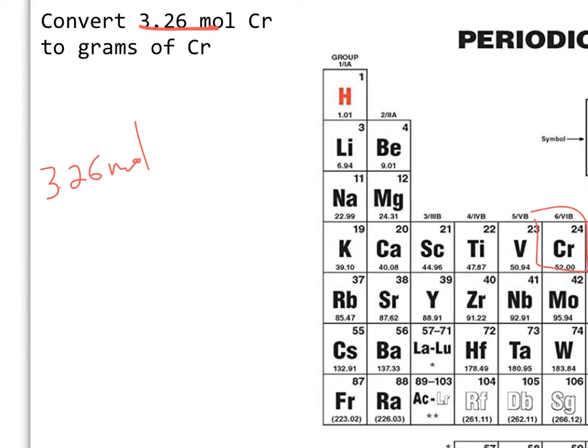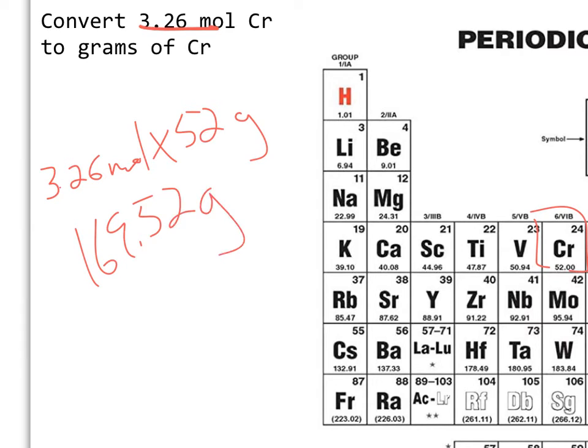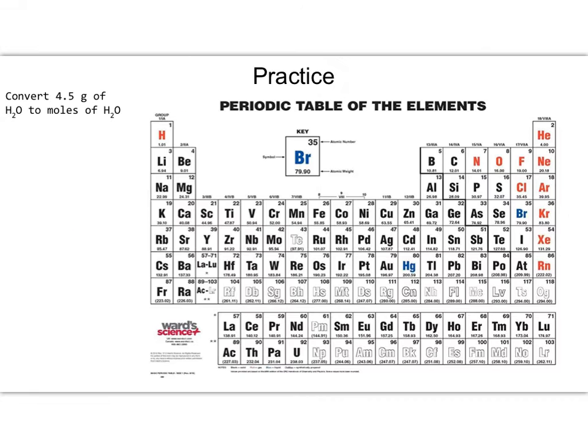Chromium is right here on the edge of our screen. It's got a mass of 52. Okay, so times 52 grams of chromium. So 3.26 times 52 is 169.52 grams of chromium.